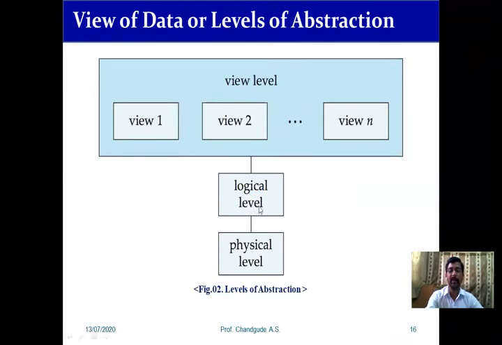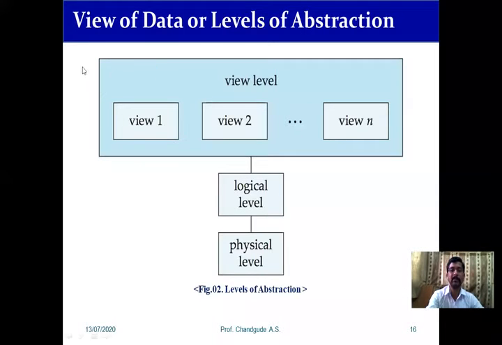Only DBAs, the database administrators, are concerned with the logical level. Both of these levels deal with complicated things. That's why this complexity is hidden from end users, and end users are concerned only with the view level of abstraction.